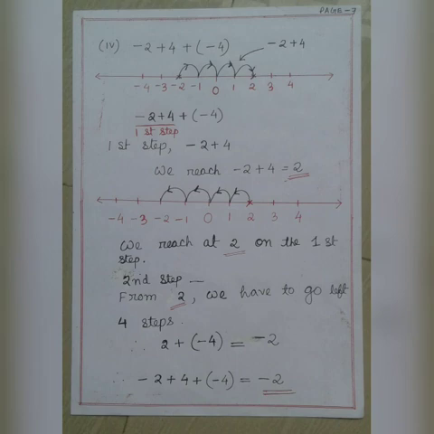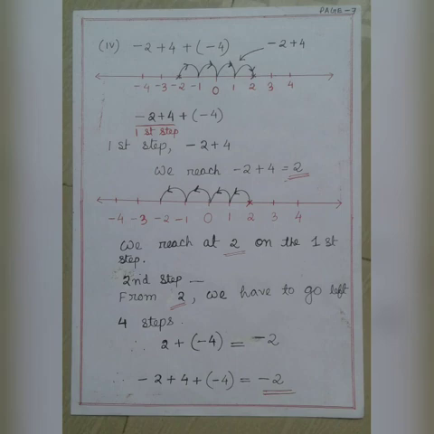Now in the second step, from 2 we have to go left 4 steps because it is minus 4. The result we have got is 2 plus minus 4. As it is minus 4, we have to go to the left side of the number line 4 steps.